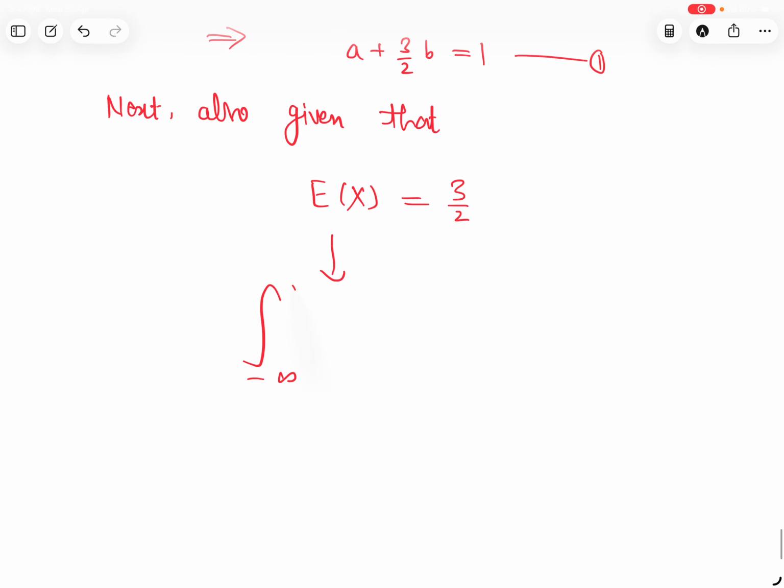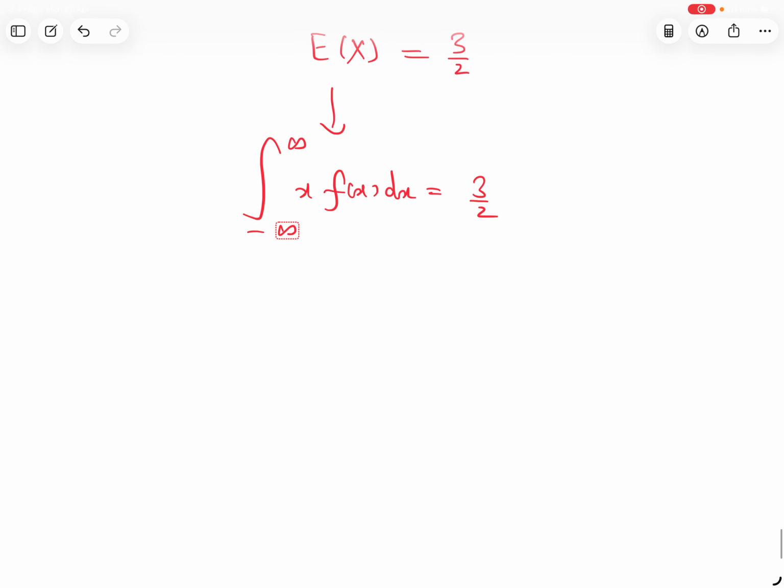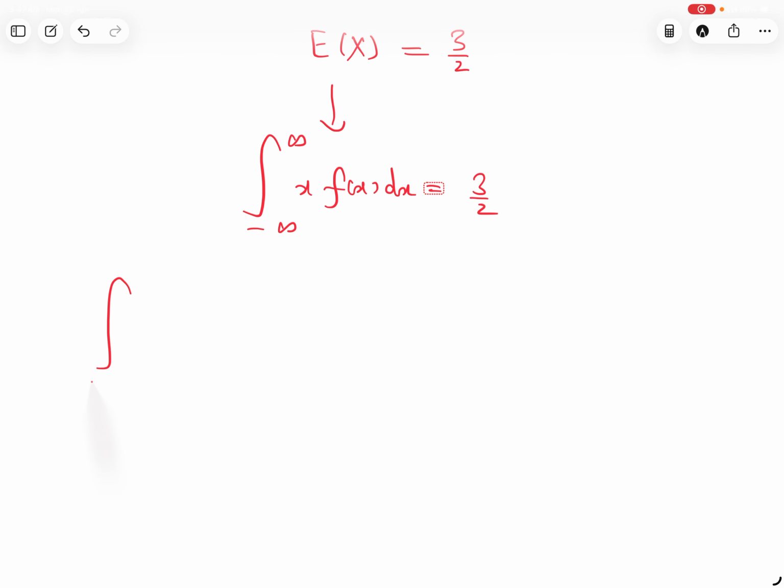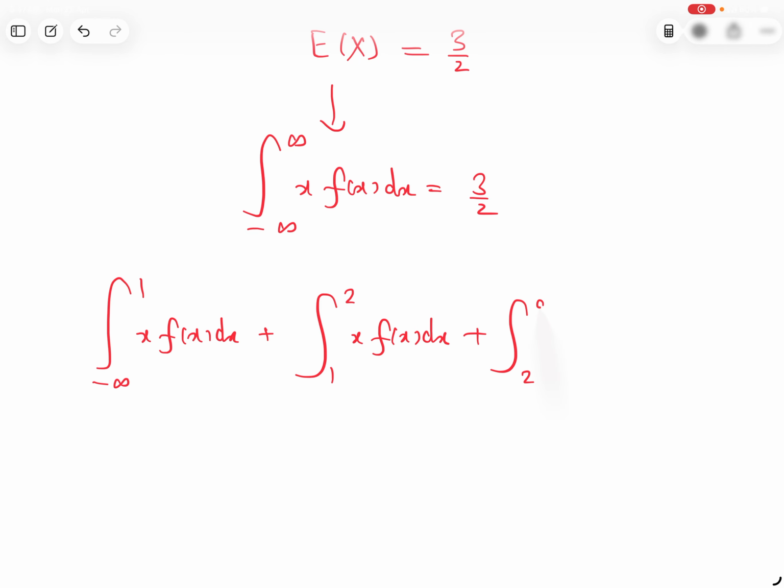Minus infinity to infinity x f(x) dx is equal to 3 by 2. Again, we can break this integral: minus infinity to 1 x f(x) dx plus 1 to 2 x f(x) dx plus 2 to infinity x f(x) dx is equal to 3 by 2.